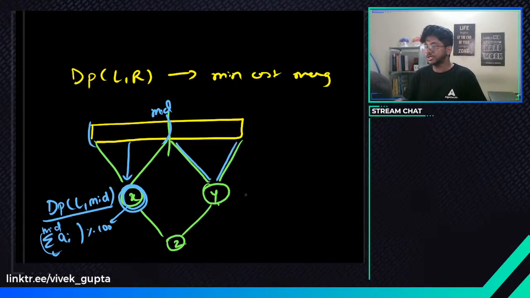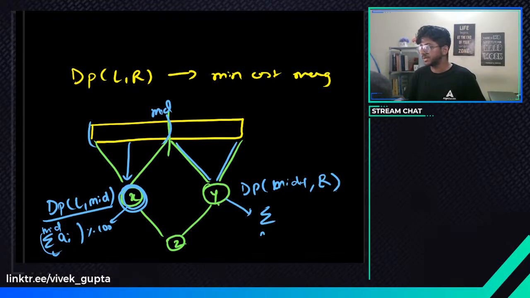Similarly, this will get merged into dp of bid plus 1 to R. This is the cost to merge it into a single value, because recursively it will find out the best thing. And the final value is going to be the sum of a of I from bid plus 1 to R, mod 100. Okay, this is something we can do.